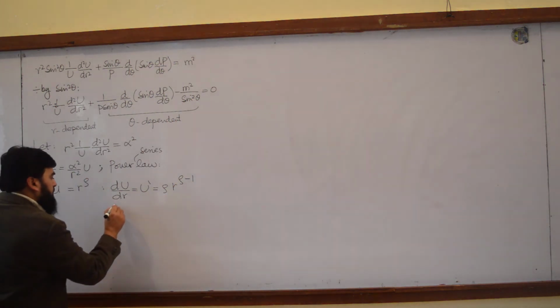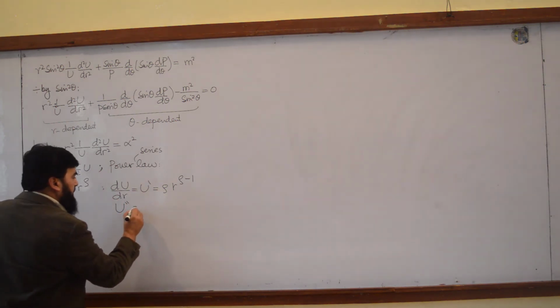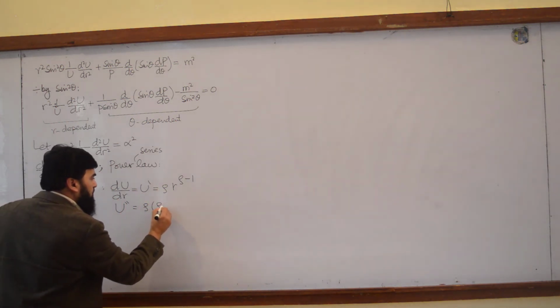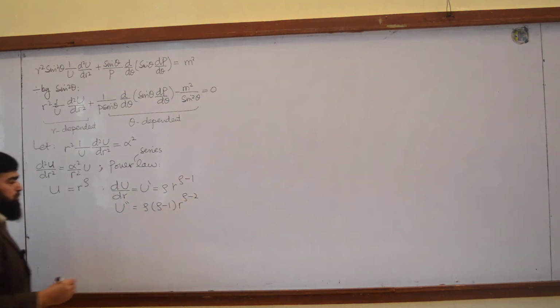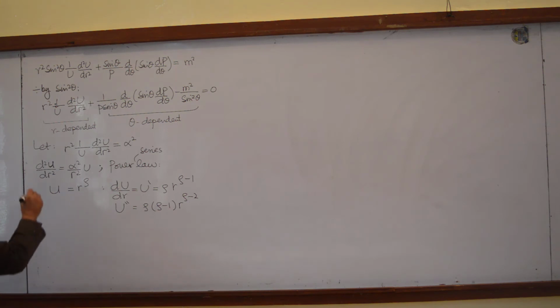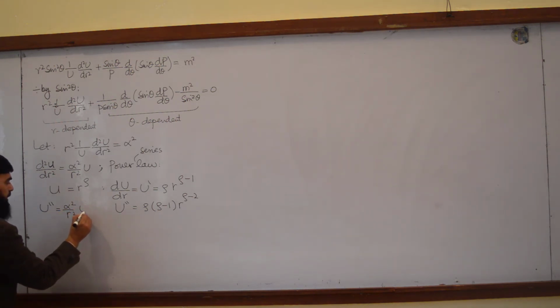And what about u double prime? It will be rho into rho minus 1 into r to the power rho minus 2. So this equation I can write as u double prime equals alpha square over r square and u.